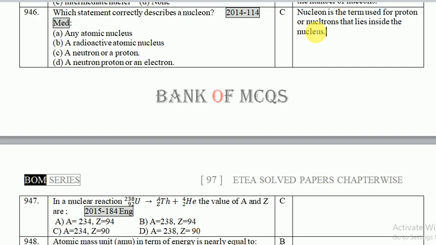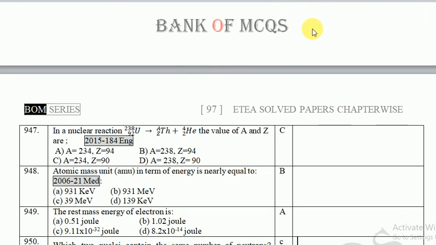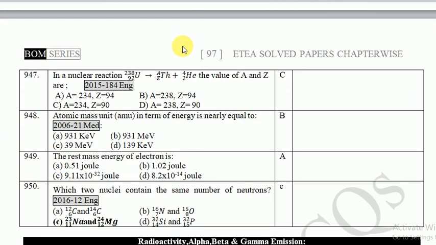The next is, in a nuclear reaction uranium-238 is converted into thorium A Z and helium, the values of A and Z are these. As we can see, this is helium, so an alpha particle has decayed, which is the nucleus of the helium atom.